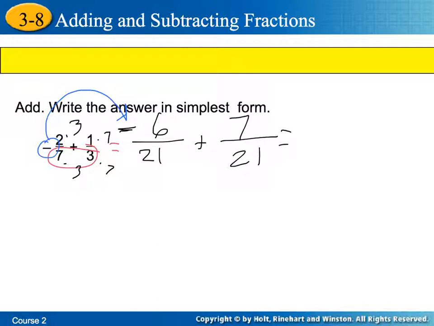So that equals negative 6 over 21 plus 7 over 21. My answer adds straight across. I get a positive 1 over 21. So 1 over 21. There's your answer.